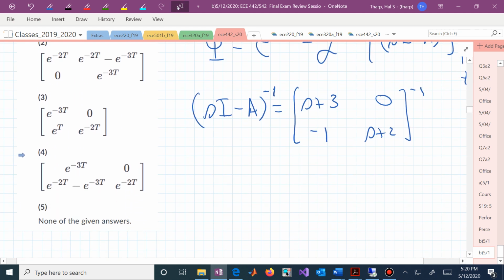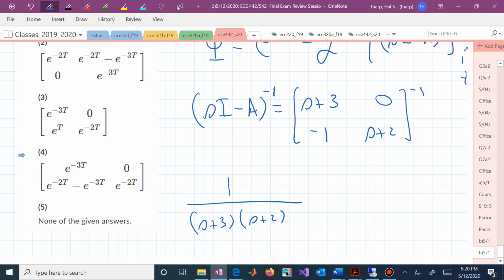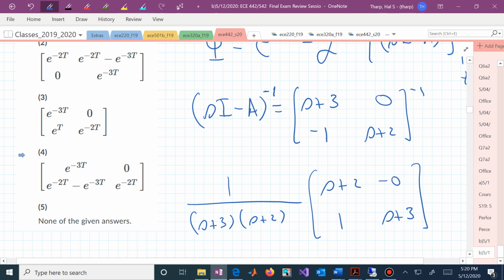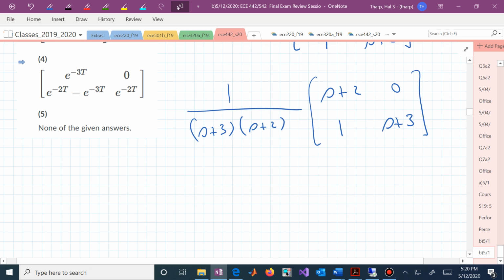The inverse of a 2 by 2 is fairly straightforward. We simply take the determinant, which is the product of the diagonals minus the product of the off diagonals. We have a 0 in one of the off diagonal terms, so we just have the product of the diagonals. We interchange the diagonal entries and change the sign of our off diagonal entries. And that's the inverse of that matrix.